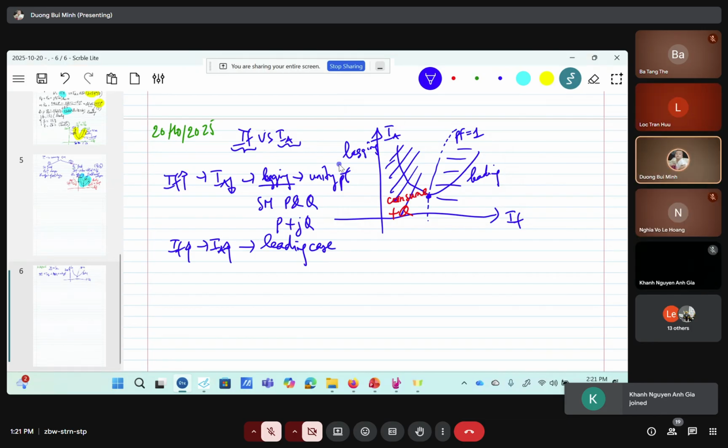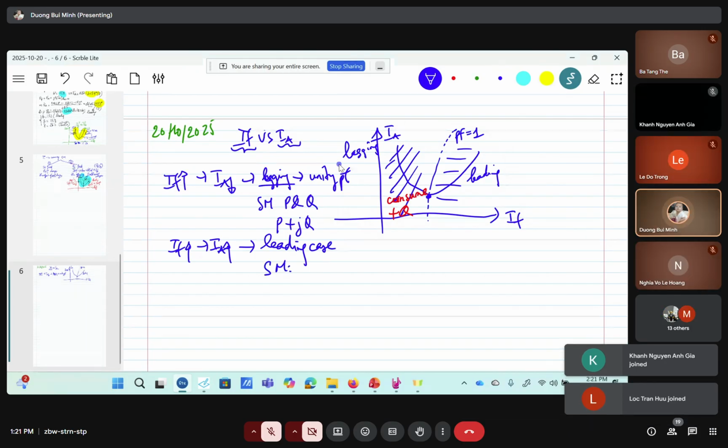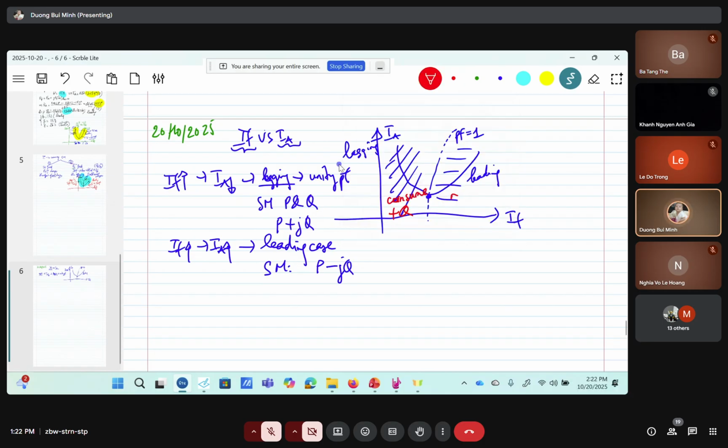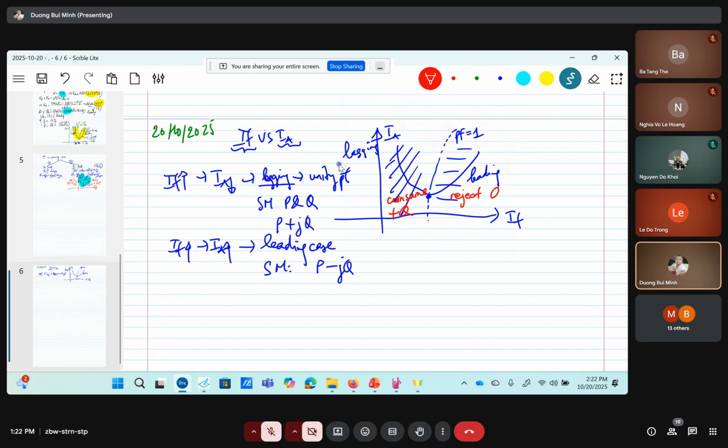For synchronous motors, they consume P but reject Q. That means now we reject Q to the grid, to the system.